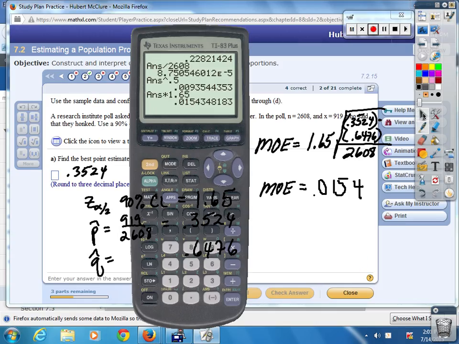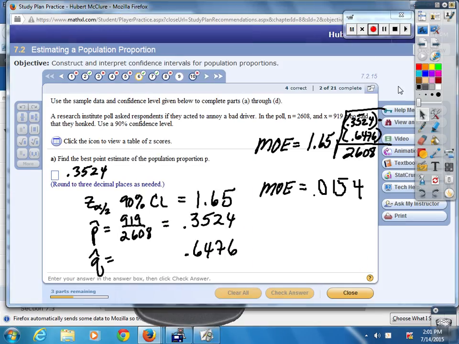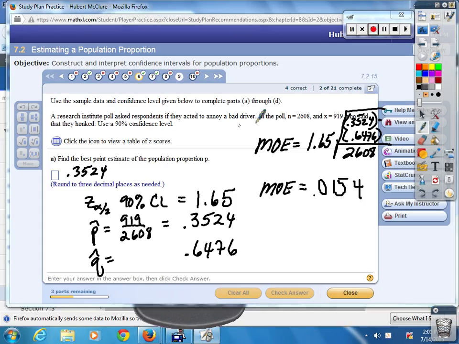So if we take that off of 1.5%, so your interval is, let's see, the 35%, that'd be 36.50. And I'm off because I didn't do that last percentage point.